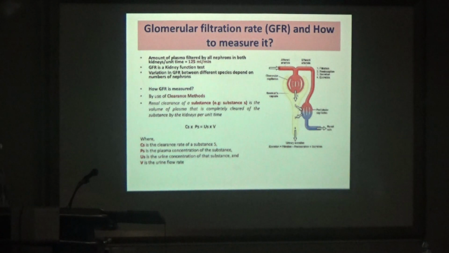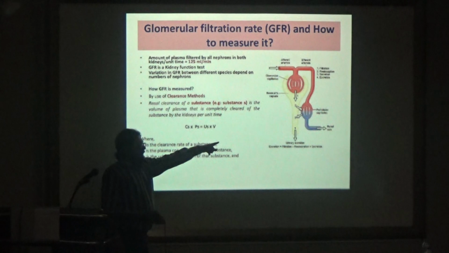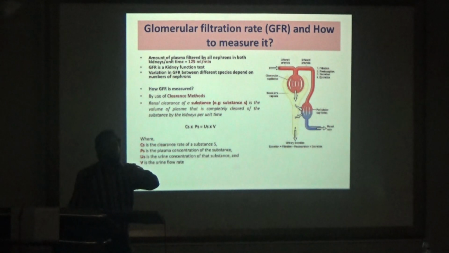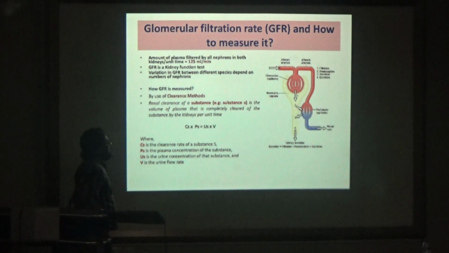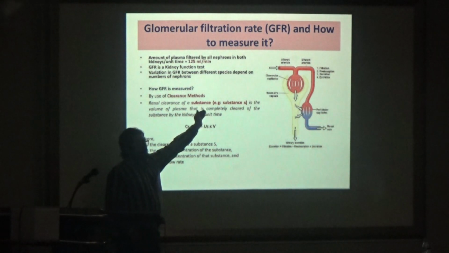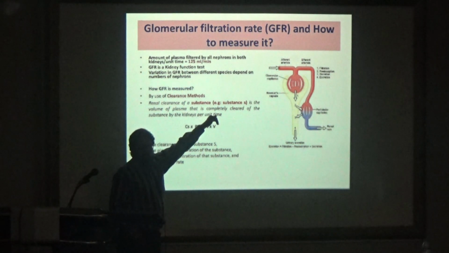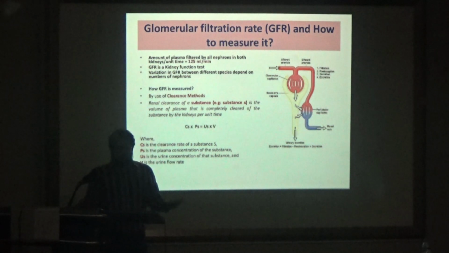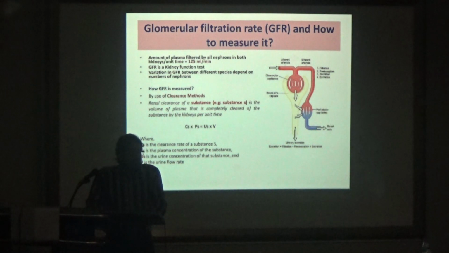That is process number 3. And definitely this drug would then be excreted in the urine. So this drug has just filtered out and got excreted. It has not been reabsorbed and it has not been secreted. I need such a type of substance to measure a GFR.